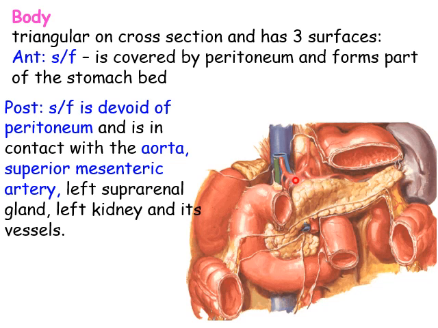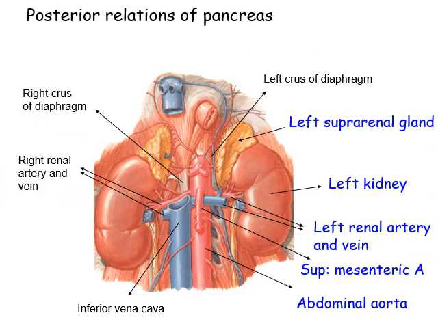In the posterior surface, you can see here the red color. This is the aorta. And here you can see the red color superior mesenteric artery, and the left renal gland, left kidney, and its vessels. Now the posterior relation of the pancreas. If you want to see the posterior relation, you remove the pancreas.